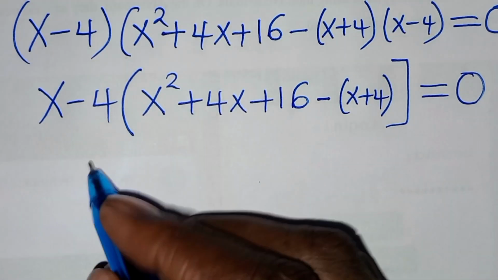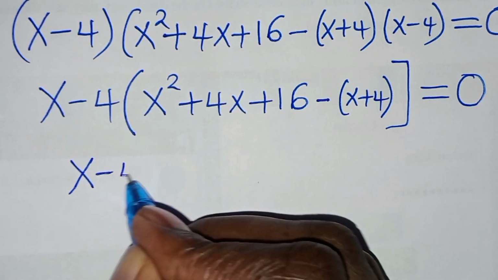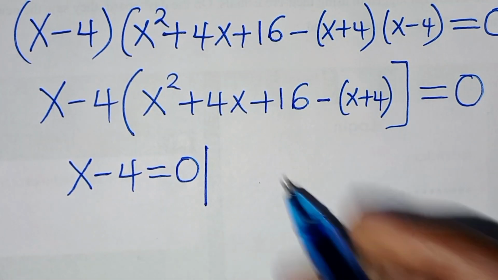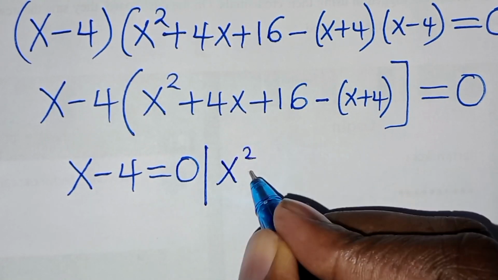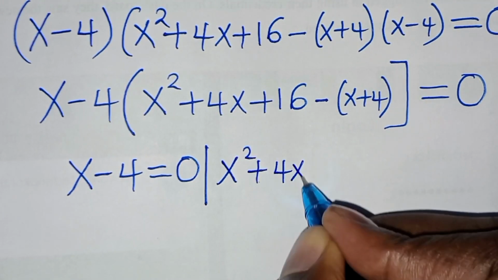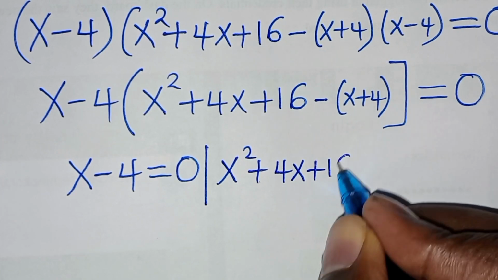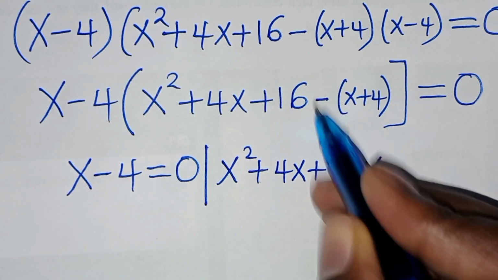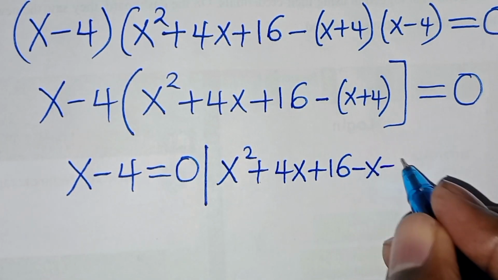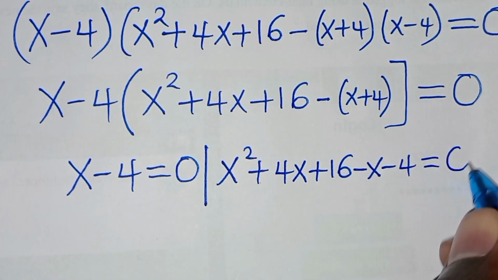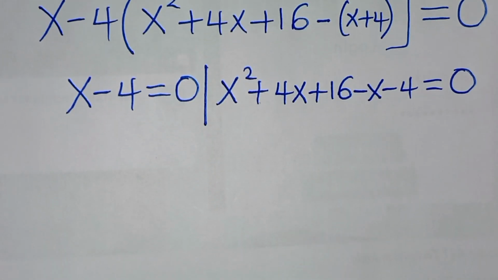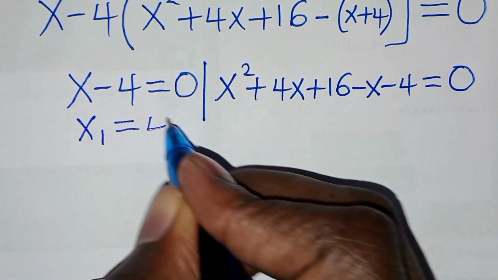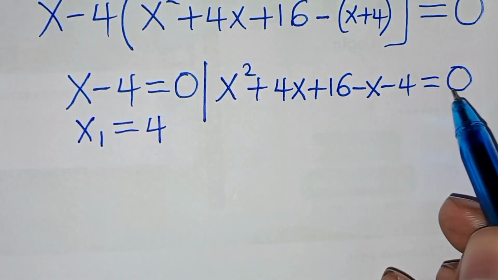So here we have two parts. The first part is x minus 4 equal to 0. The second part is x to power 2 plus 4x plus 16, then minus x, then minus times plus 4, this is minus 4, equal to 0. So from the first part, we find that x1 is equal to 4.